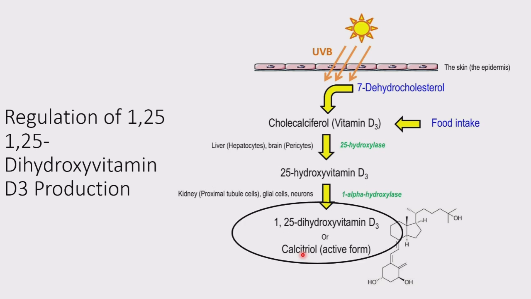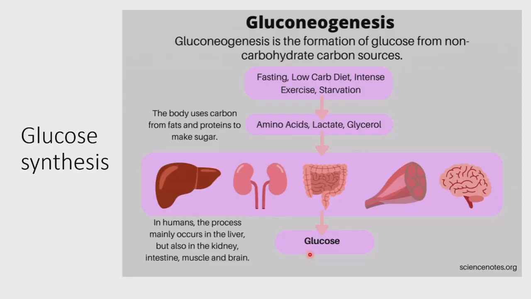Lastly, our kidneys also synthesize glucose from non-carbohydrate precursors like amino acids in situations like prolonged fasting. This process is known as gluconeogenesis. Don't worry, we will be explaining these concepts in close detail in the succeeding chapters.